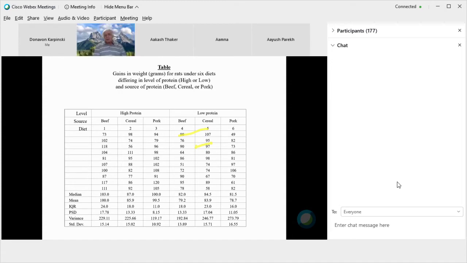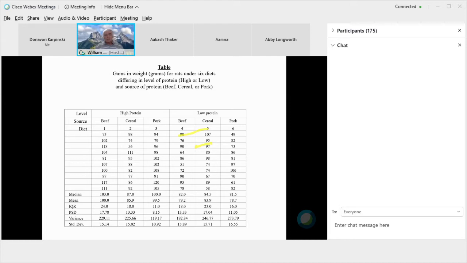The first step would be to compute summary statistics, measures of central location. They look to be agreeable, the mean and the median, probably because the data is normal. Then the interquartile range.